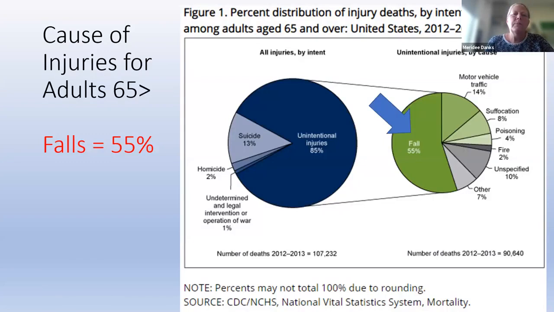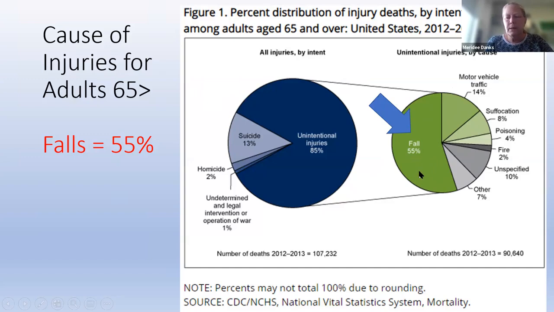So what are the main causes of injury over 65? Here the CDC shows a pie chart of unintentional injuries and the percentages. So 55% of unintentional injuries come from falls. And this is injury-related deaths.